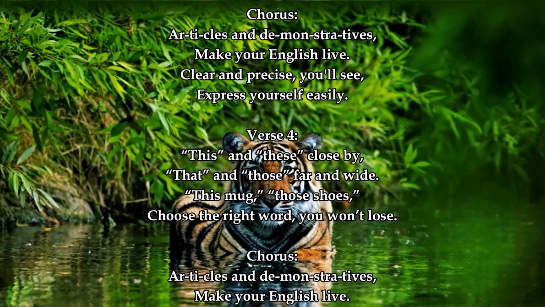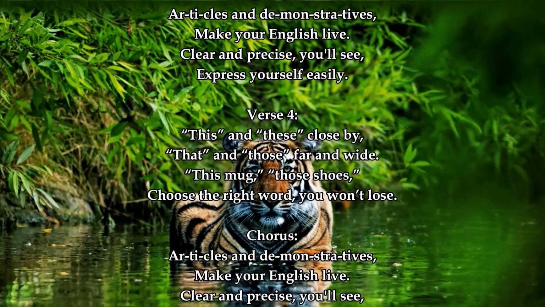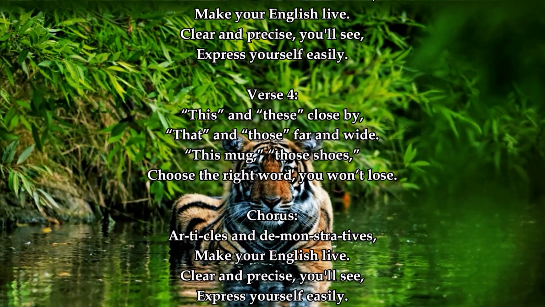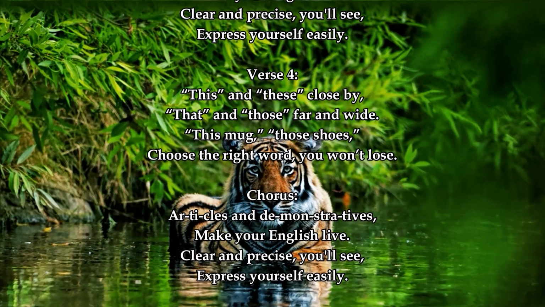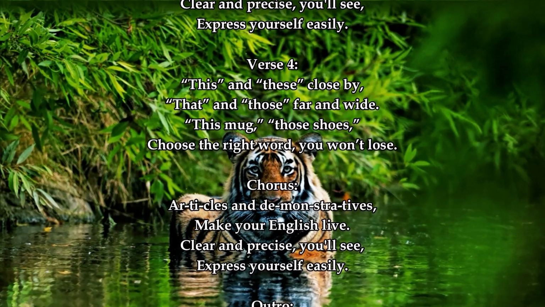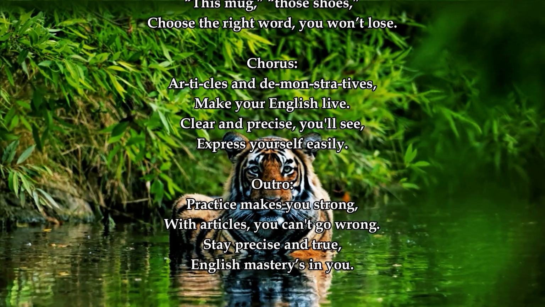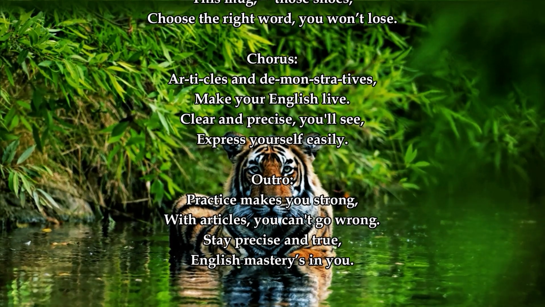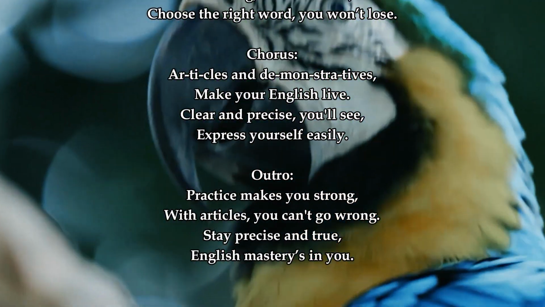This mug, those shoes. Choose the right word, you won't lose. Articles and demonstratives make your English clear and precise. You'll see. Express yourself easily. Practice makes you strong. With articles you can't go wrong. Stay precise and true. English mastery's in you.